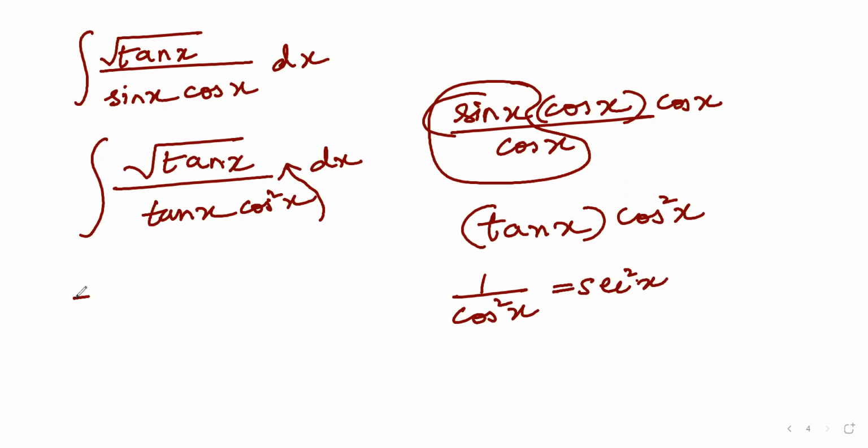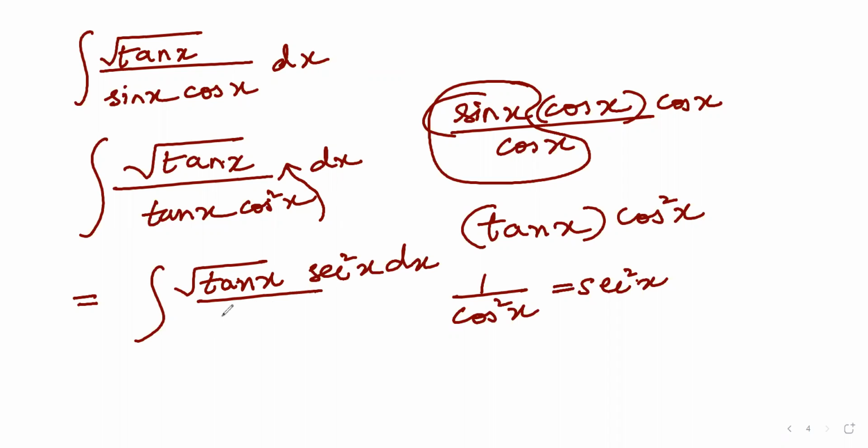Now let's have a look. So it's root tan x, and 1 by cos square is secant square x dx, and my tan x remains down. Let me just keep it there as it is. So what is root a upon a?